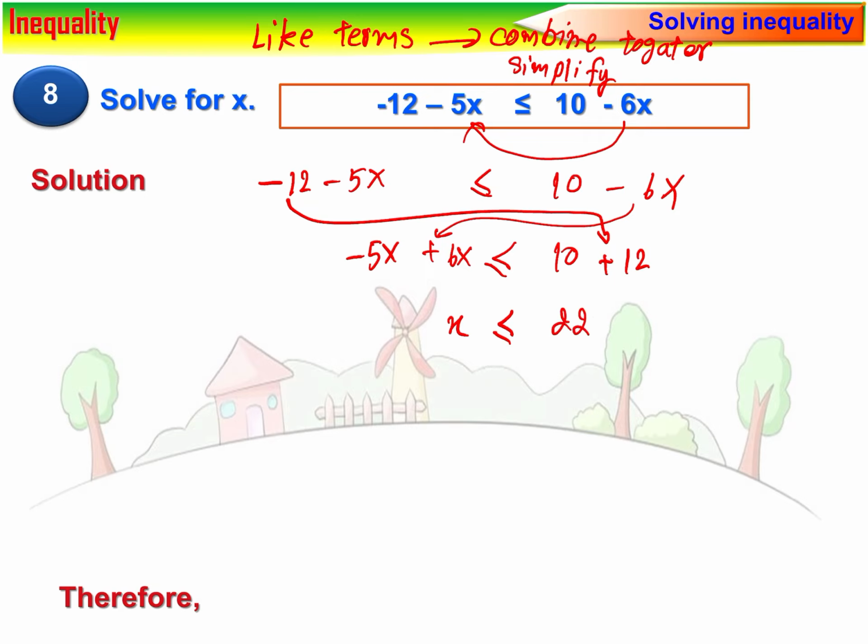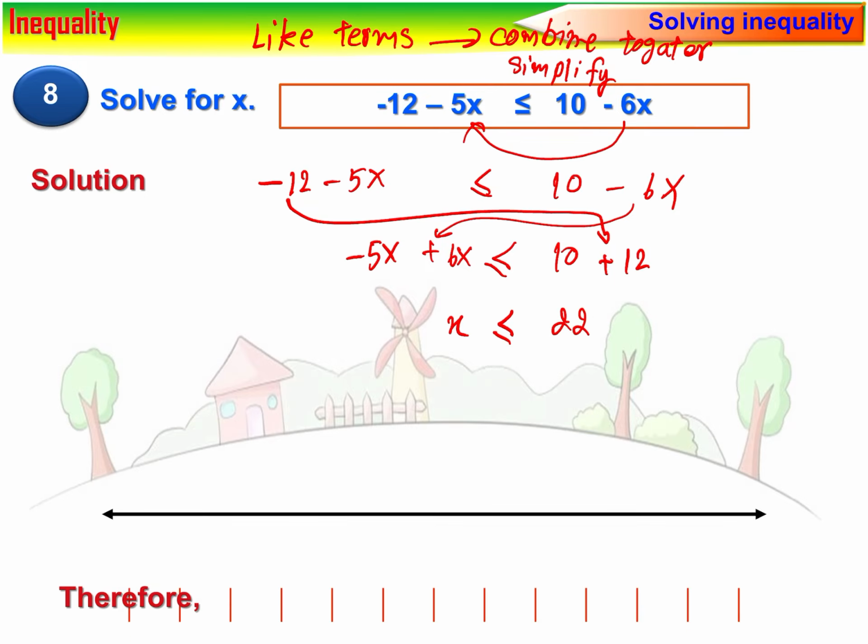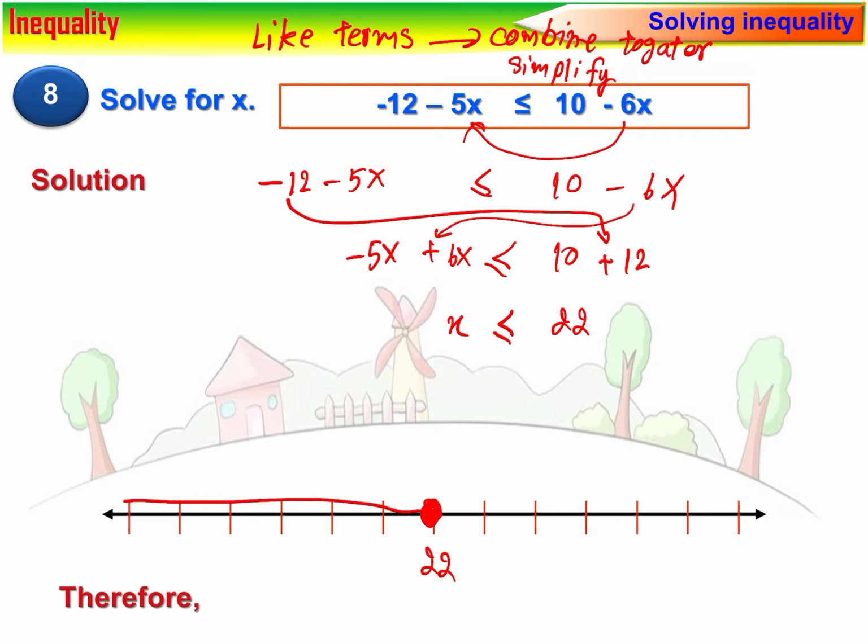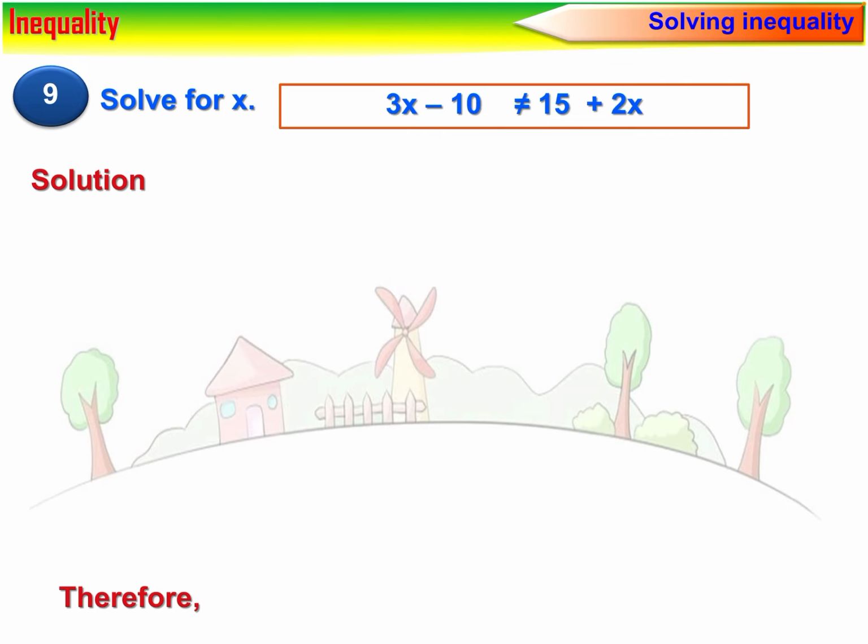You have x less than or equal to 10 plus 12, 22. On the number line you have number 22, or equal to 22, that means include 22, less than, so go to the left like this. Actually you need to make it really neat and beautiful.